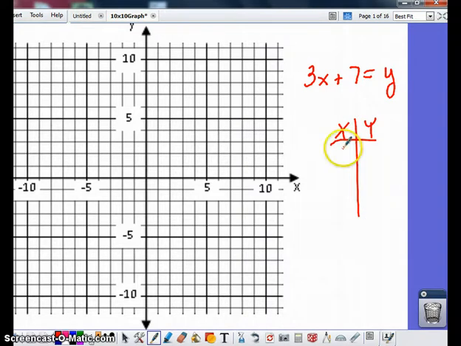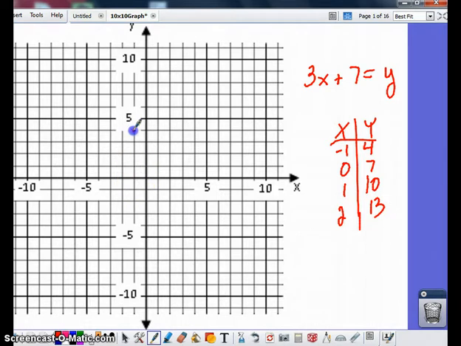So if I pick -1, 0, 1, and 2, so 4 random numbers, and I substitute them in for x, so -1 times 3 is -3, -3 plus 7 would be 4, 0 times 3 is 0, 0 plus 7 is 7, 1 times 3 is 3, 3 plus 7 is 10, and then 2 times 3 is 6, 6 plus 7 is 13.